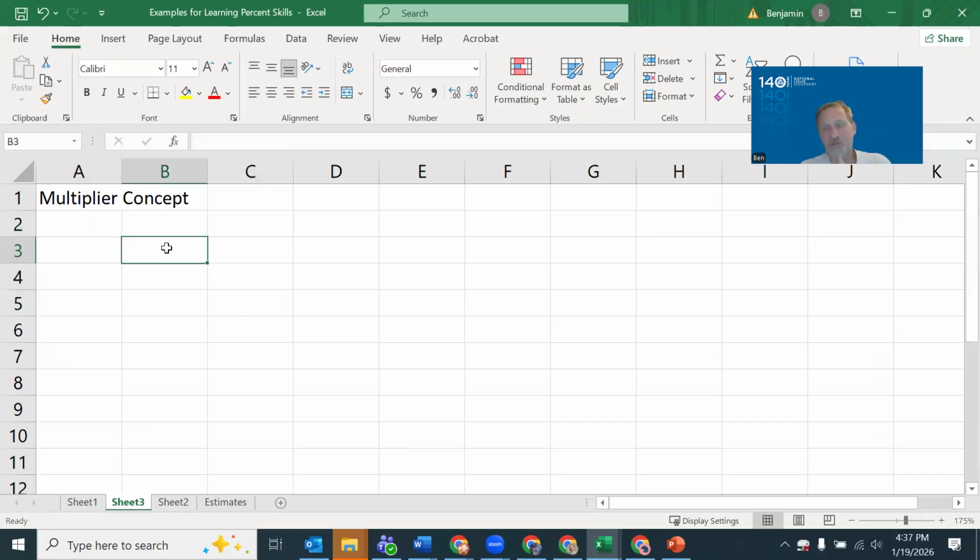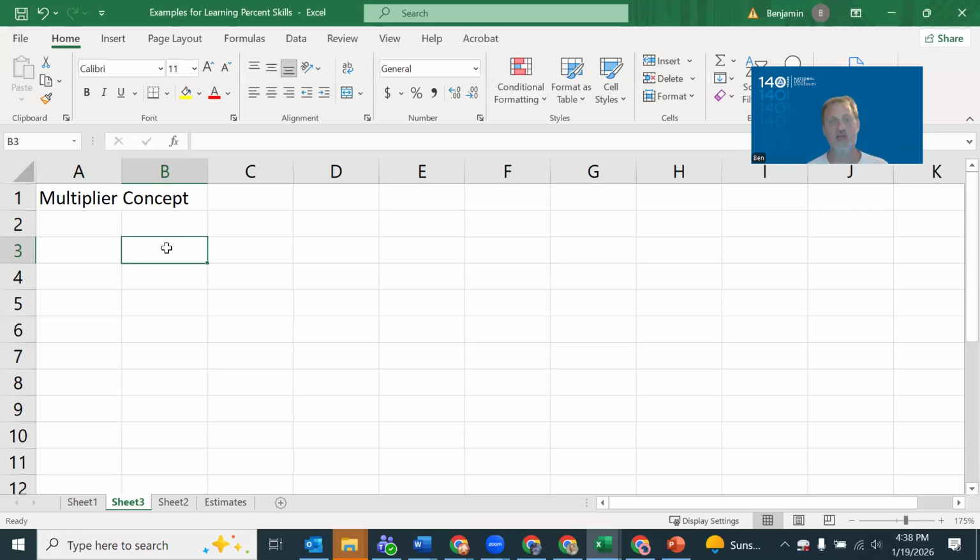All right. So the multiplier concept is a nice way to apply percentages that are increases or decreases. In workbook 1, you'll see discounts and tipping and things like that, where we're taking an original amount and then either reducing it with a discount or increasing it with a tax or a tip.